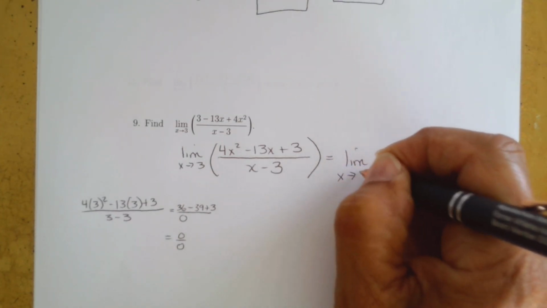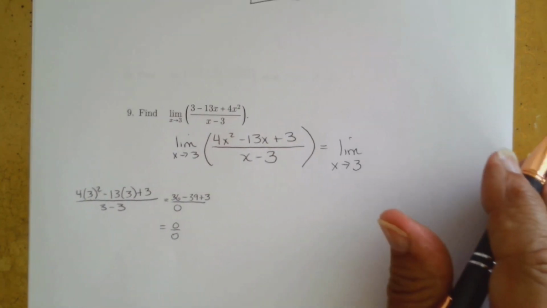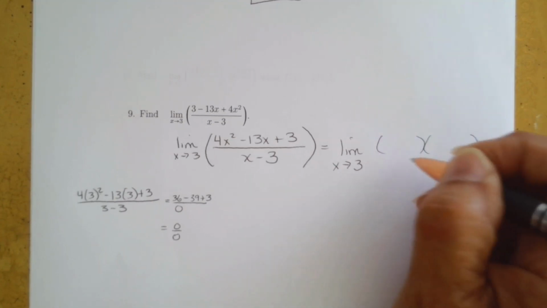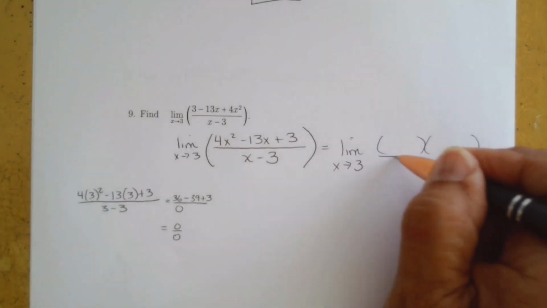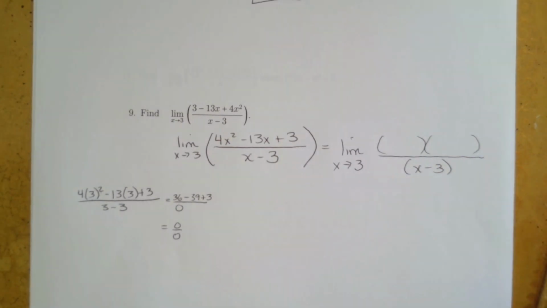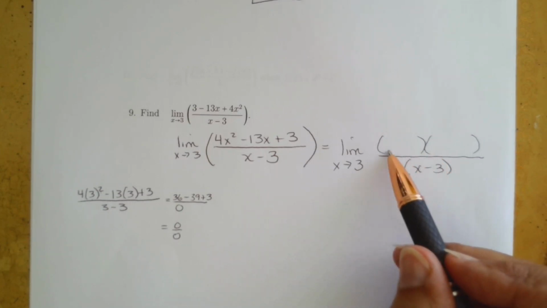So keep your limit with the problem. Okay. These are the harder ones to factor, so we have to figure out how that numerator factors. Bottom's easy because it's already done. All right, so I need to know what times what gives me 4x squared. So remember, I got a couple possibilities.